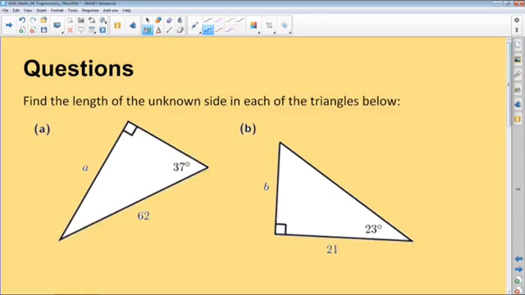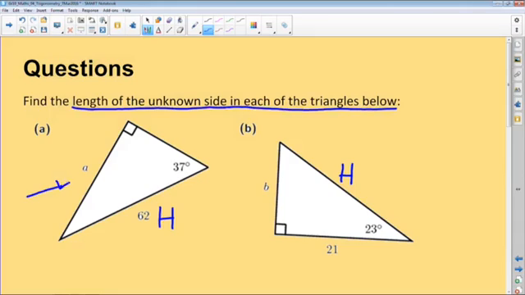The first thing I'm going to do in both of these triangles is to mark off my hypotenuse. The question says find the length of the unknown side in each of the triangles below. So that must mean I need to find the size of A and the size of B. Where is little Helen standing? Well, she's standing in the only place that seems to be important.